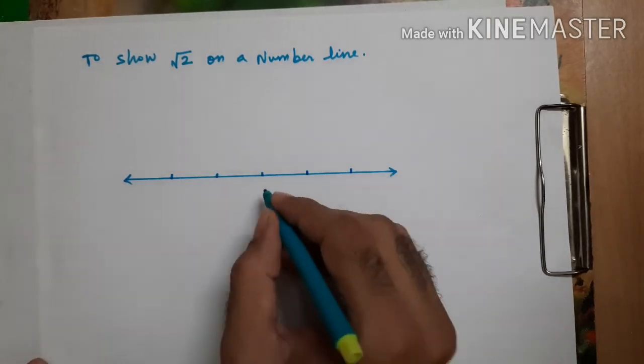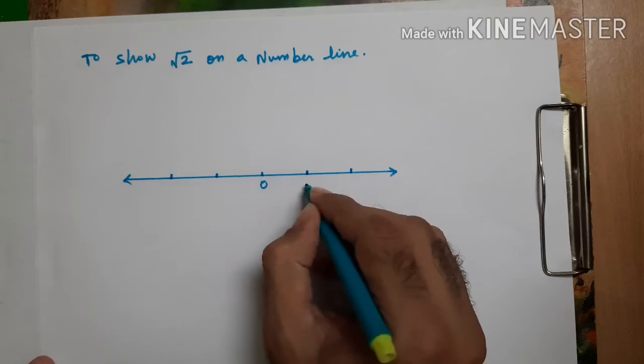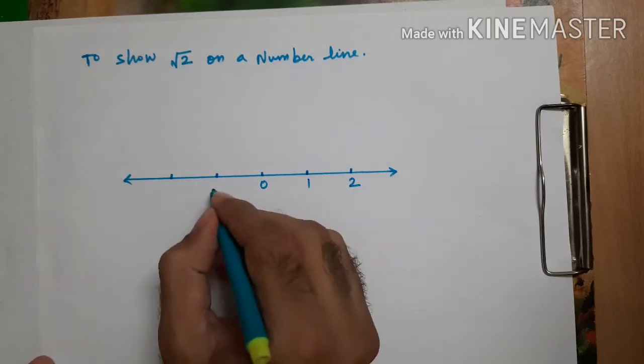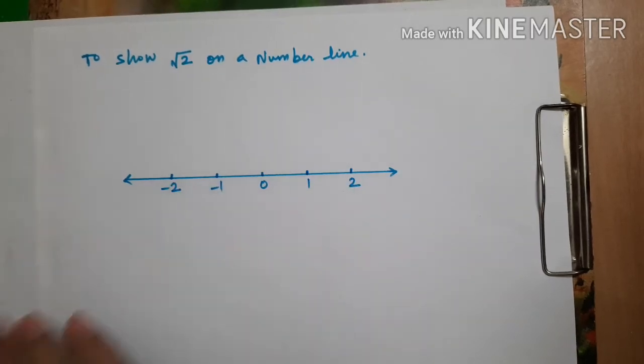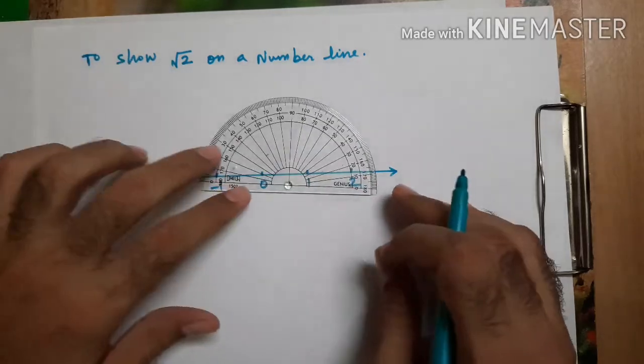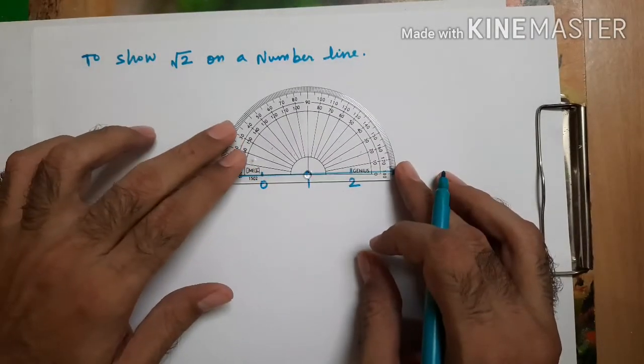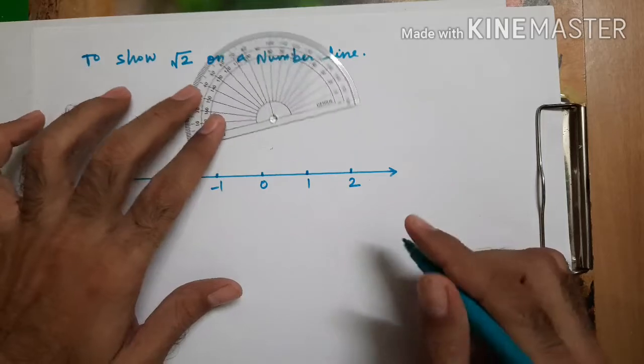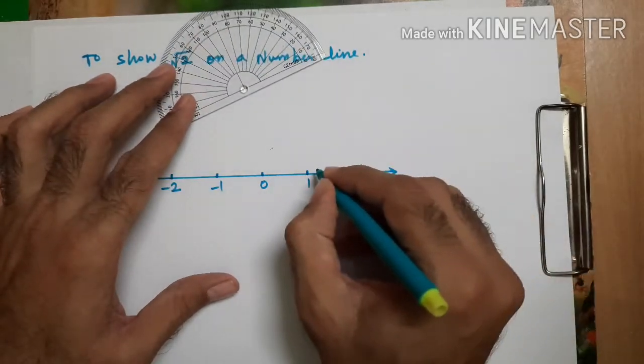Now let's write 0, 1, 2, -1 and -2 on this number line. Now we'll take the scale, and draw a perpendicular line at this point 1. Let's mark point A here.